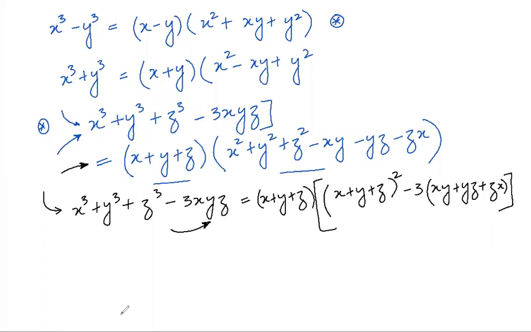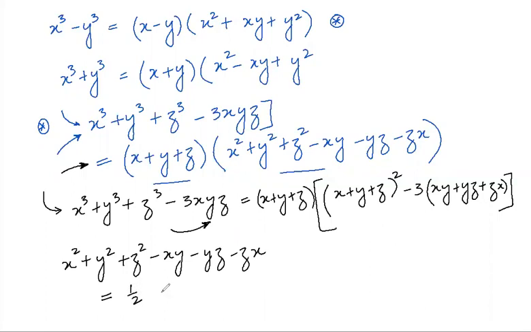And the last formula, students, which I've collected after some efforts: x square plus y square plus z square minus xy minus yz minus zx is equal to 1 by 2 into x minus y whole square.